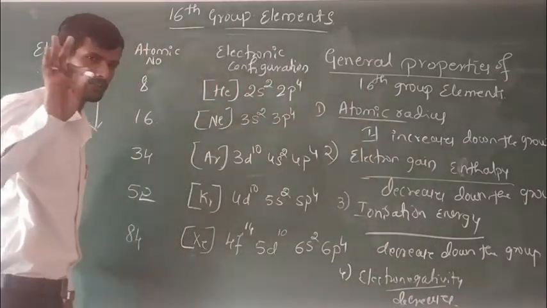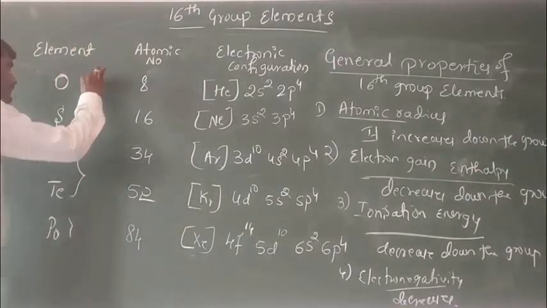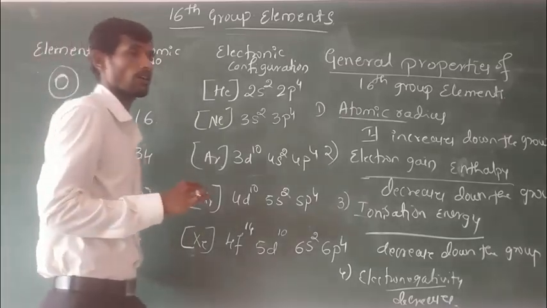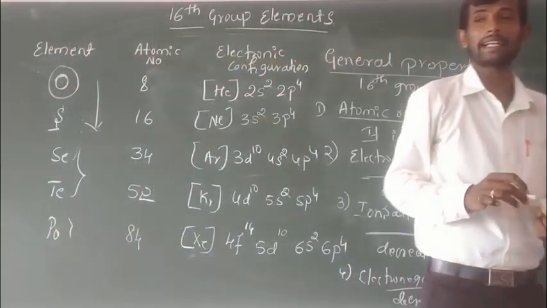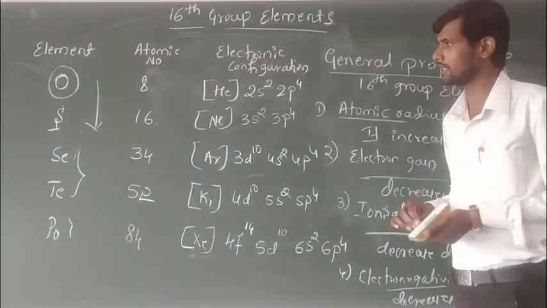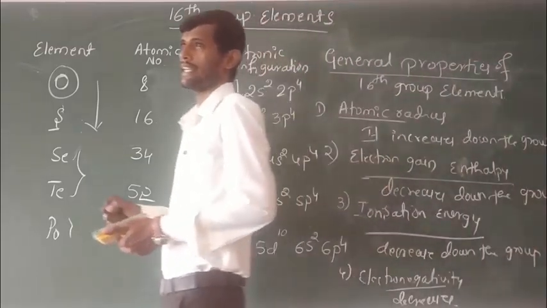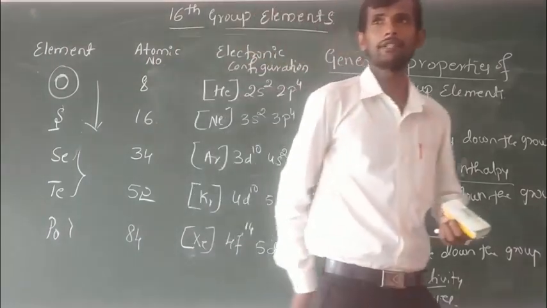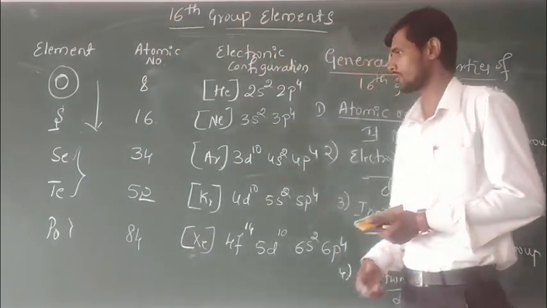One very important thing to remember here: among the 16 group elements, oxygen is one of the most electronegative elements in the group.